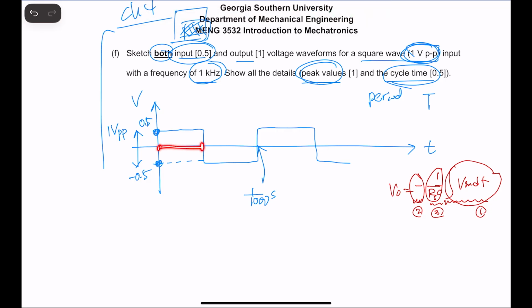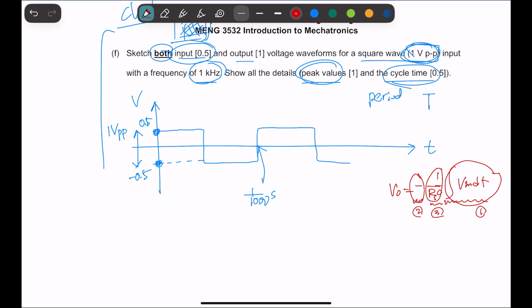So if we just consider this time range, my input is just a straight line. It's a constant, right? If we integrate a constant, it becomes a ramp, isn't it? It's a positive constant, so it's going to be a positive ramp. But I need to flip it over, so it's going to be a negative ramp. And I need to multiply this value, so it may be a little bit flatter, or a little bit steeper. Let me just draw that down here.